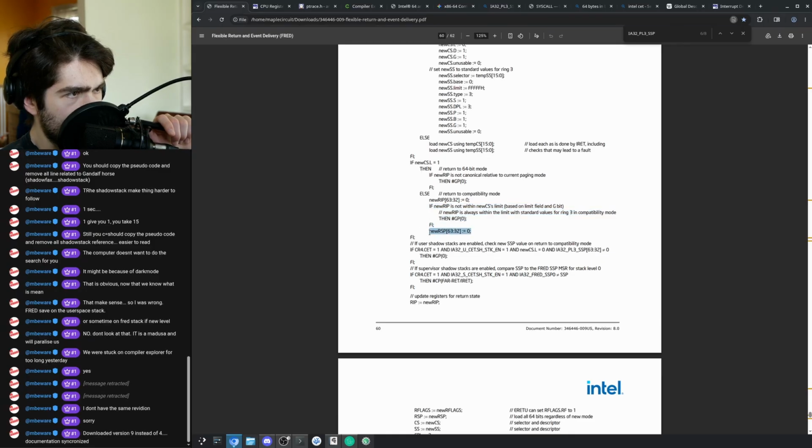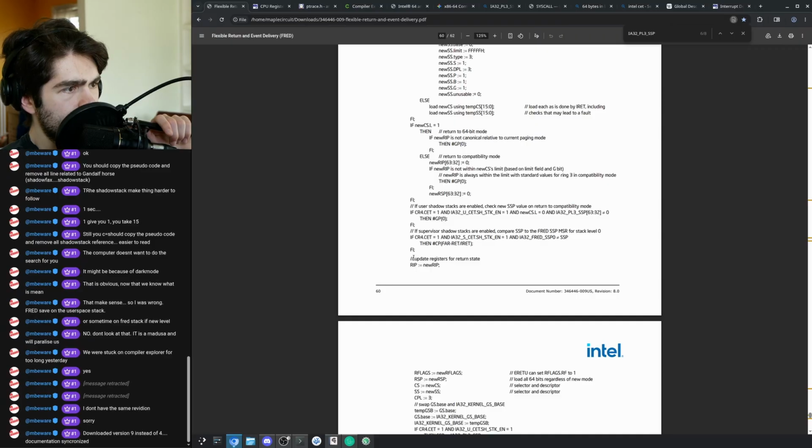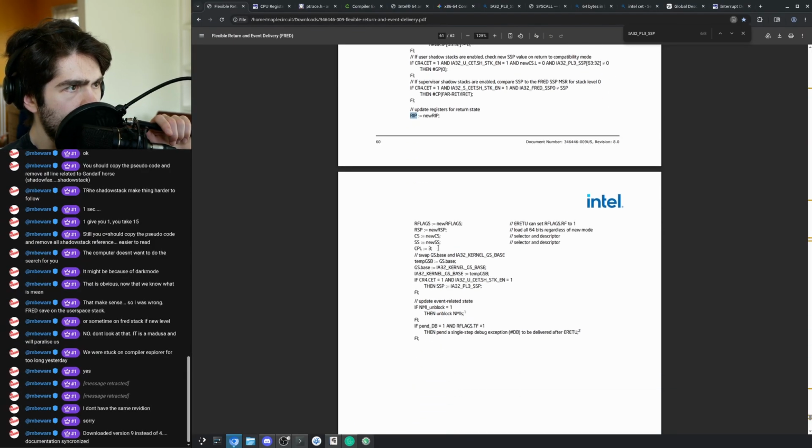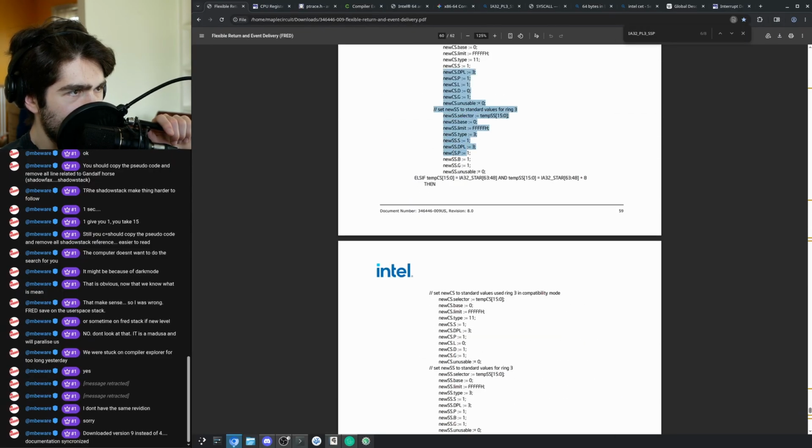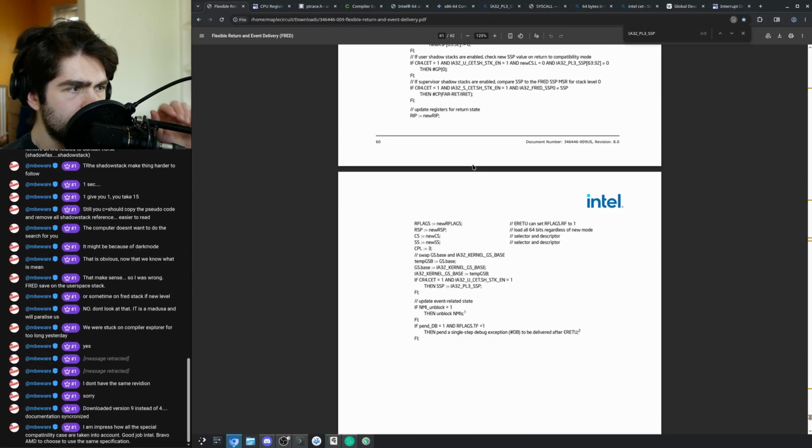Okay, and they set the return stack pointer here, I guess, which is not needed for 64-bit. Shadow stack magic checks to make sure that it's valid, and updates the register for the instruction pointer. Wait, it's a little confusing that they call it new, but okay. And then we set everything in place. CPL equals 3.